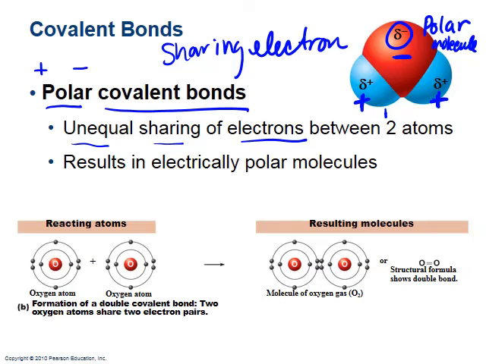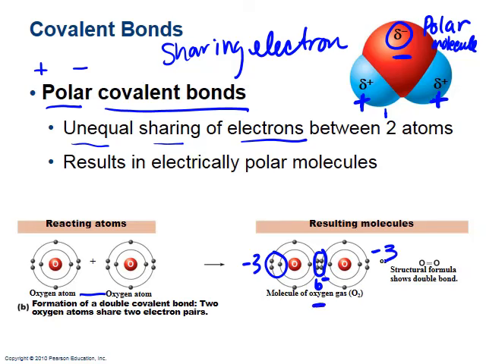So you can see if we take two oxygen atoms and they react, they're now sharing these electrons in the middle. They didn't transfer any electrons. Both atoms are actively sharing those electrons. But then count up the number of electrons. Over here I've got 6 negative electrons, and on this side I only have 3 electrons.